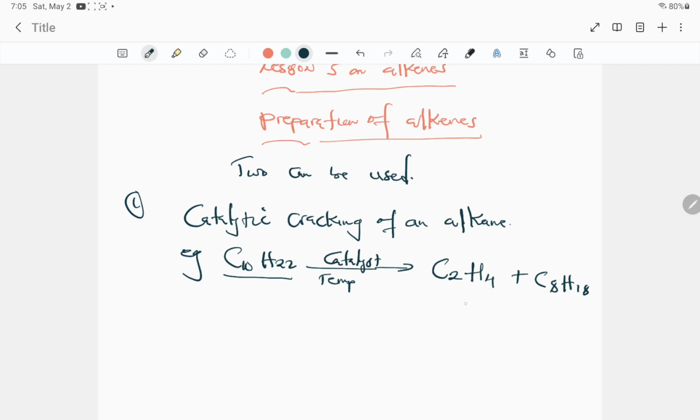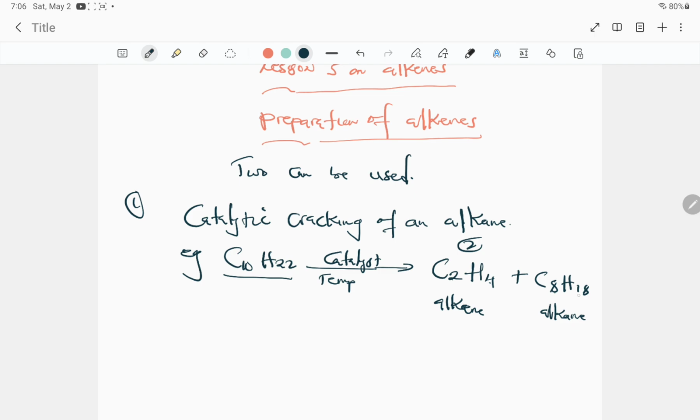So we have produced an alkene and an alkane. How can you know that this one is an alkane? This is simple. If you divide 4 by 2, the answer gives you a whole number, which is 2. But 18 divided by 8 will leave a remainder. Once there is a remainder, just know that compound is an alkane.